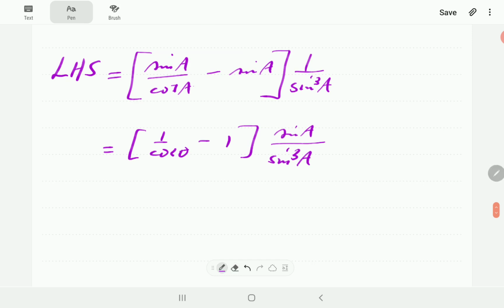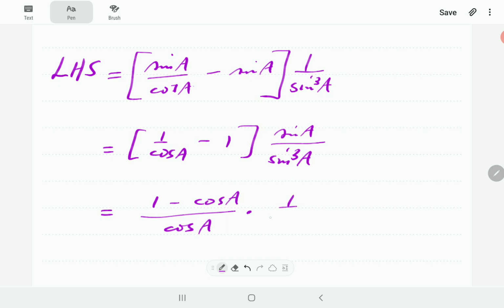Then this we can write as one fraction. If we do that, it's going to be cos A in the denominator, then we're going to have 1 minus cos A there.